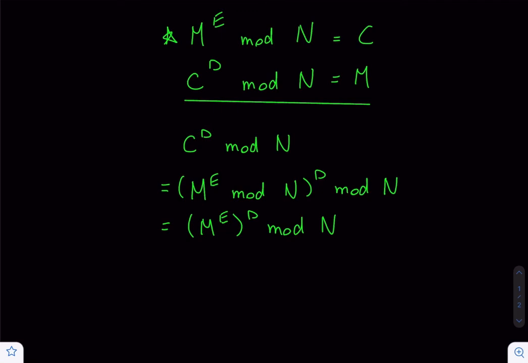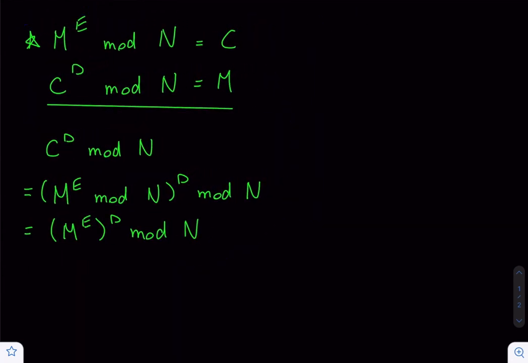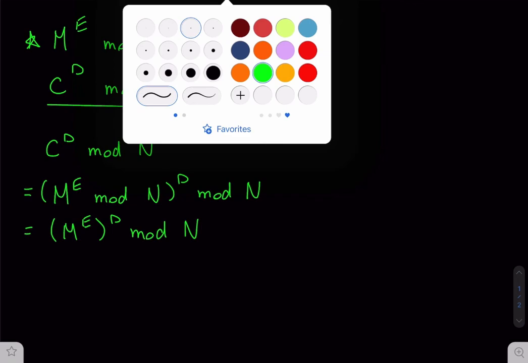To show this equivalence, let's make things a little simpler and call m to the e a. So I'll go ahead and move this over here, and rewrite what I want to prove over on the side here.